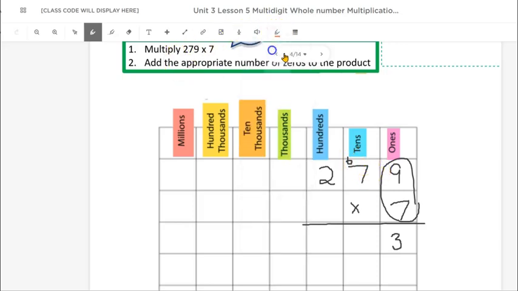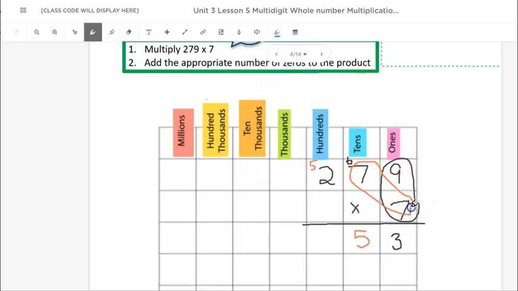Then we are going to move over. We're going to do 7 times 7, which is 49, and then add in the 6 we carried over. So that would be 49, 50, 51, 52, 53, 54, 55. I'm going to put down a 5 and carry that other 5 to the hundreds place.